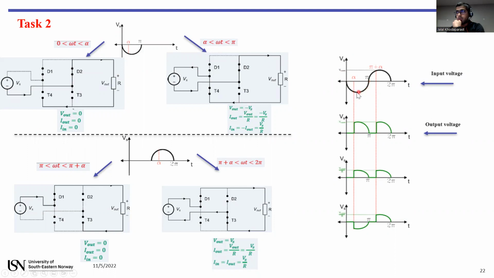This is the input voltage, and its negative will be this one. During this time interval, the output voltage is 0. And finally, the last one, the output voltage is Vs. So during this time interval, the output voltage is Vs.